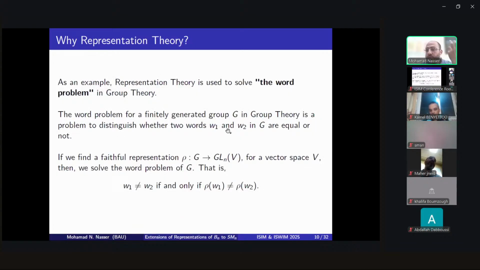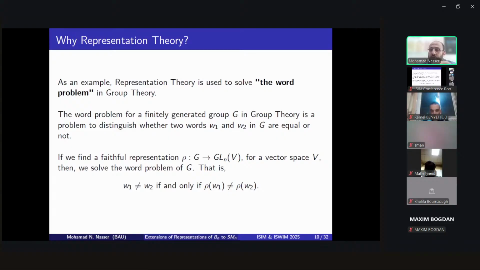One of the most important problems is called the word problem. In group theory, if you have a group or a monoid and two elements which are huge, how can we distinguish whether these two elements are equal or not under some relations? You can't know if the words are very complicated.